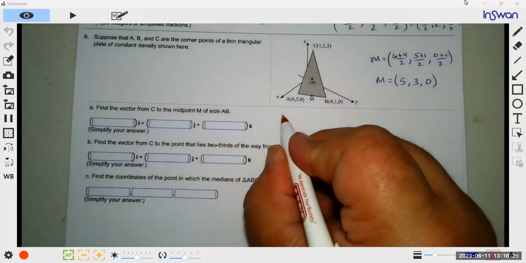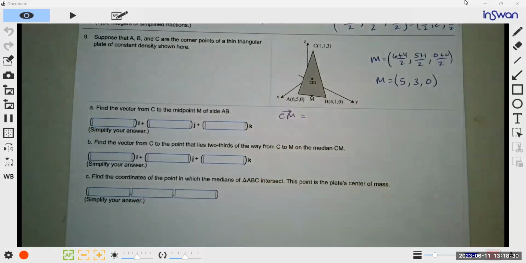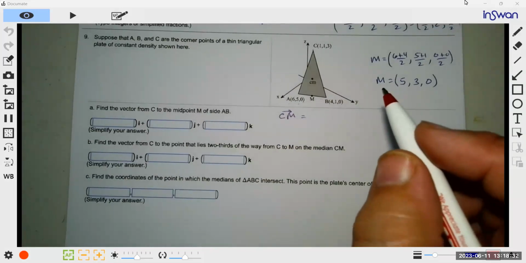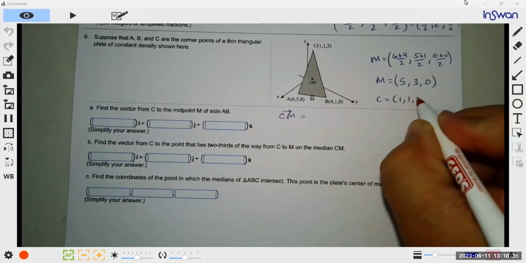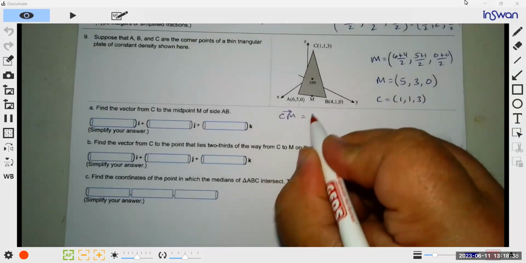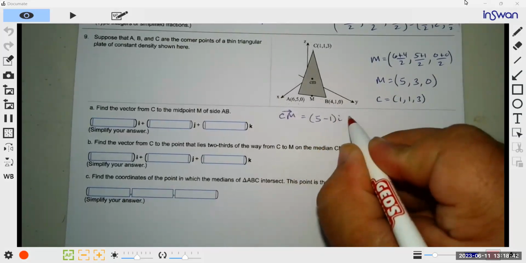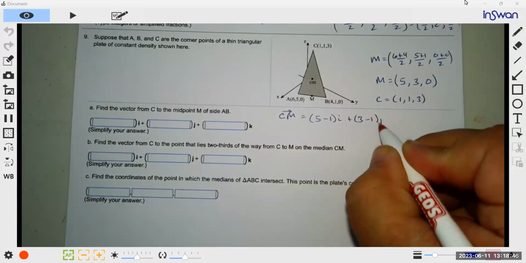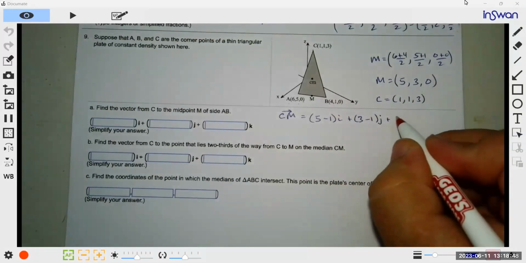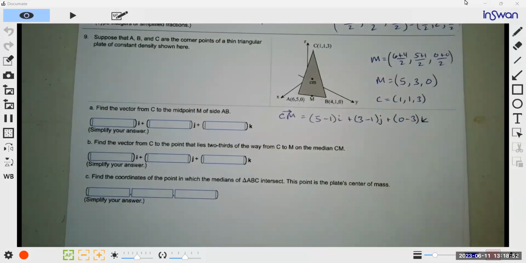So now we're looking for the vector from C to M. Well, C is the point 1, 1, 3. So it's the M value minus: 5 minus 1 i, 3 minus 1 j, 0 minus 3 k.